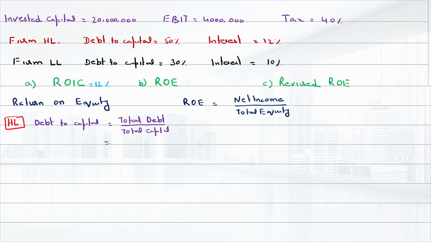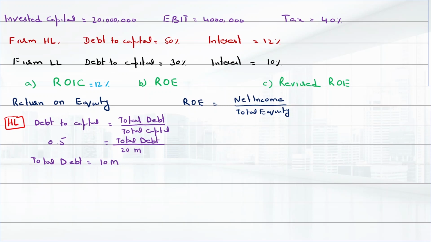In this question, the debt to capital ratio is given as 50%, 0.5, equal to total debt divided by the invested capital, that is 20 million. So total debt will be $10 million.